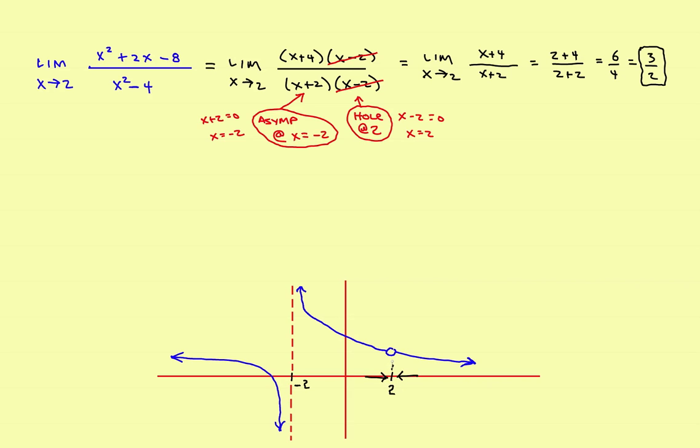If you go straight up from here, there's the limit. Now the question is, what is the function approaching as it comes this way and this way? And it is approaching, if you came over to here, 3/2. So y would be equal to 3/2. So that's going to be the limit. So as x approaches 2, this approaches 3/2. So you have a hole, but the limit still exists.